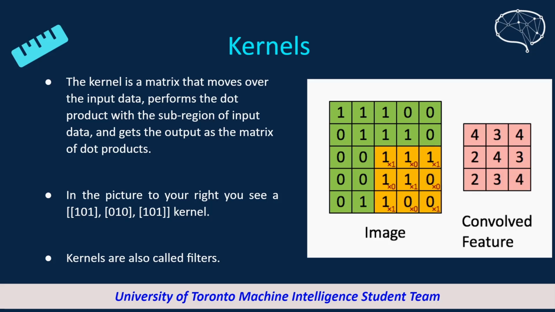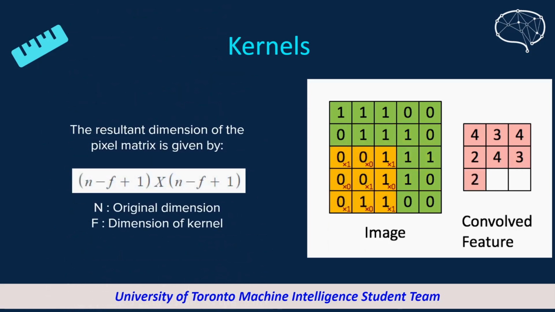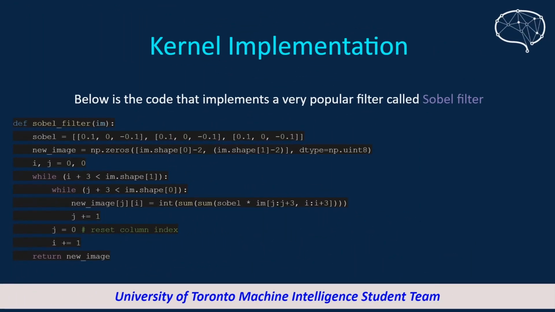However, the filters we will use here are not to beautify our images, but rather to extract local features from it. One important thing that you may have noticed is that applying a kernel reduces the dimension of the matrix, and the reduction of dimension follows the following formula, where n signifies the original dimension of the matrix and f is the dimension of the kernel.